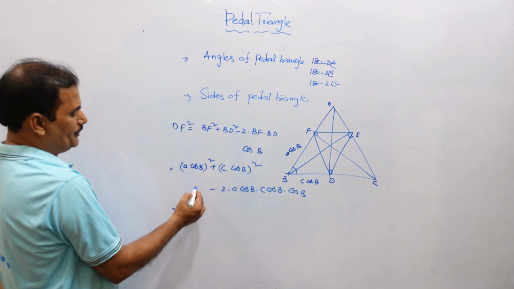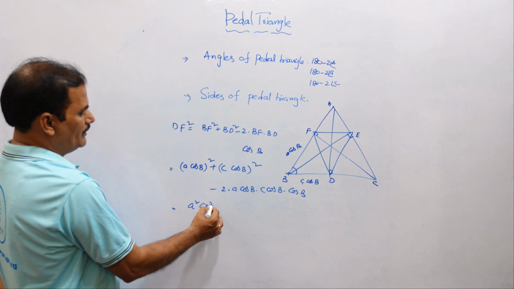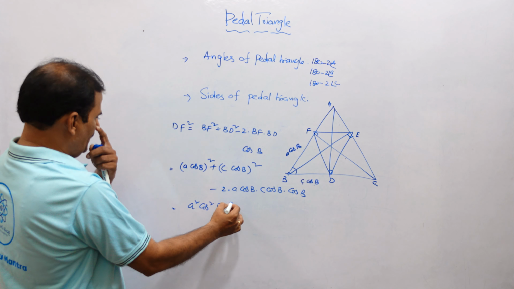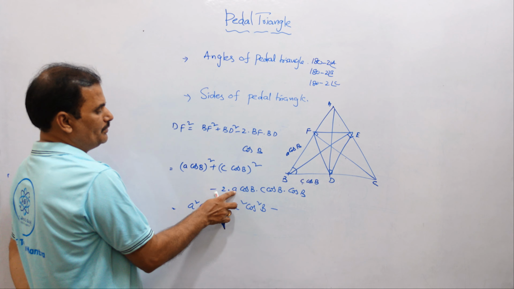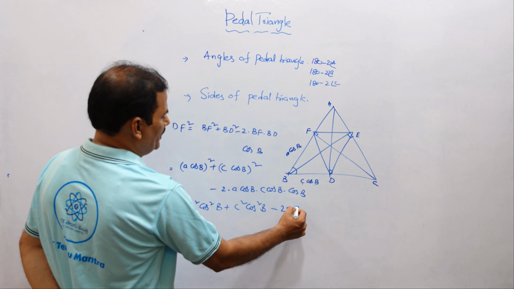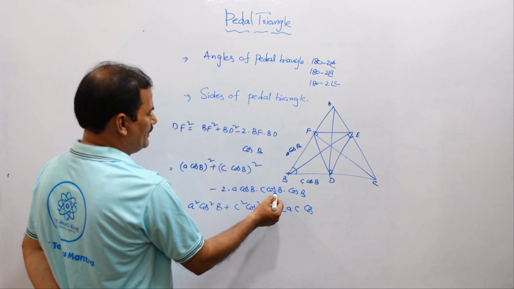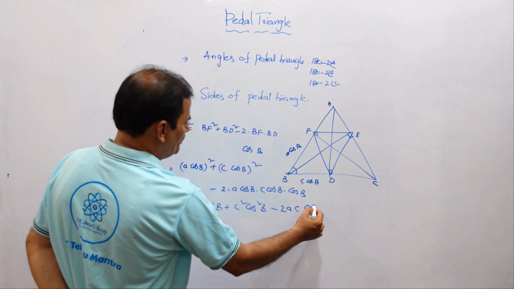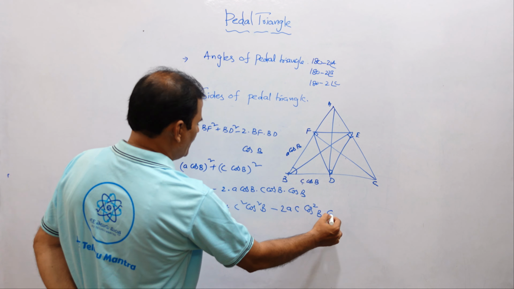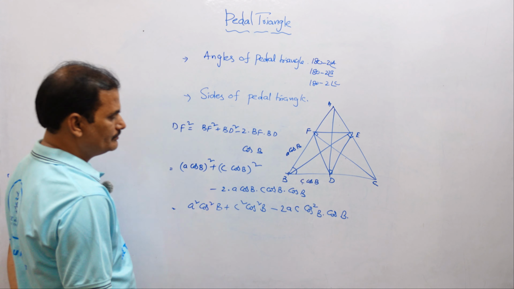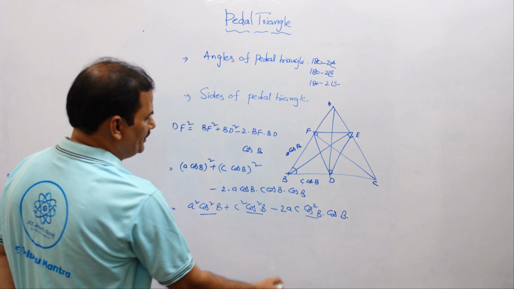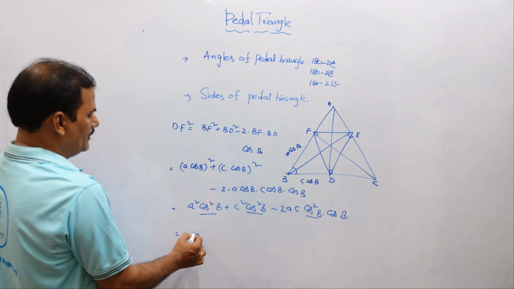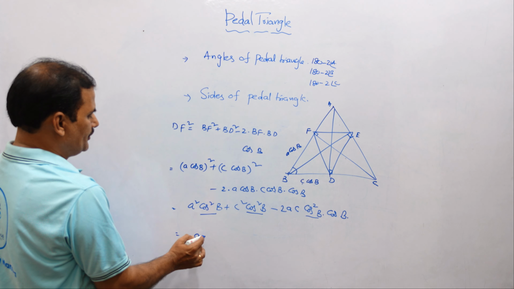Here A square cos square B, here C square cos square B, minus 2 into A into C, 2AC cos B into cos B into cos B, that is 2AC cos cube B. Here cos square B is taken as common.